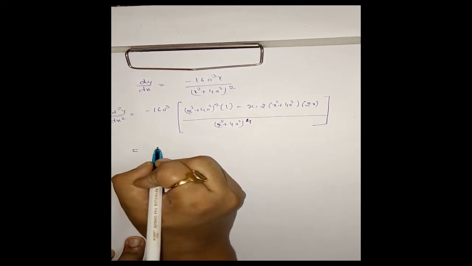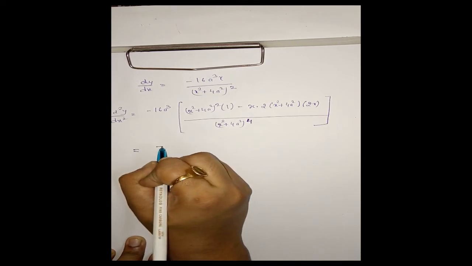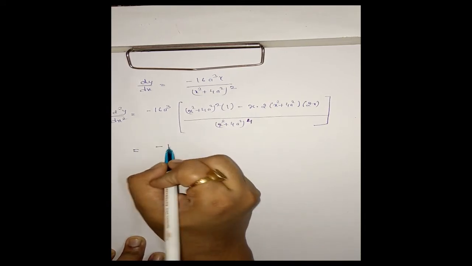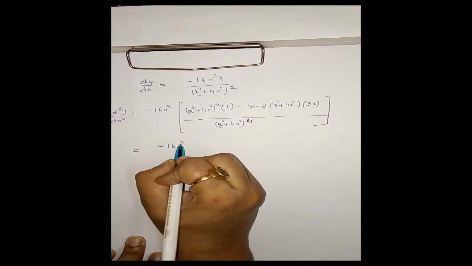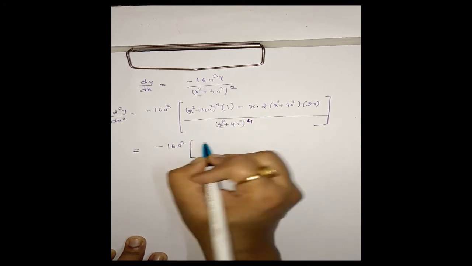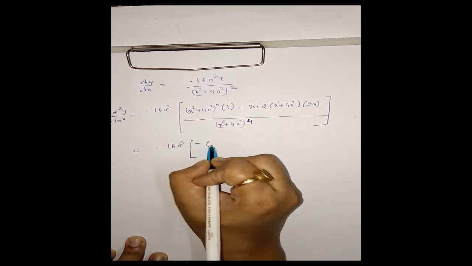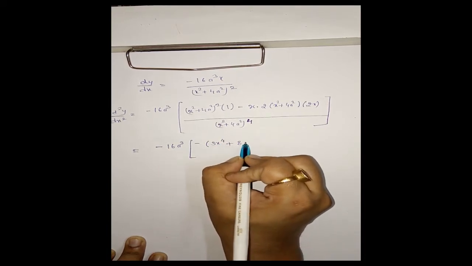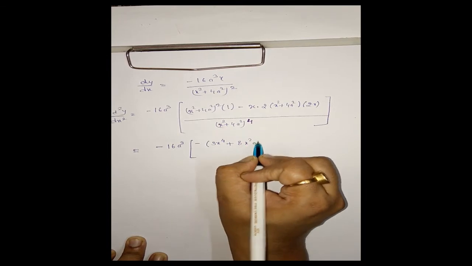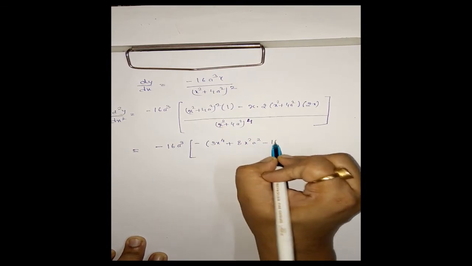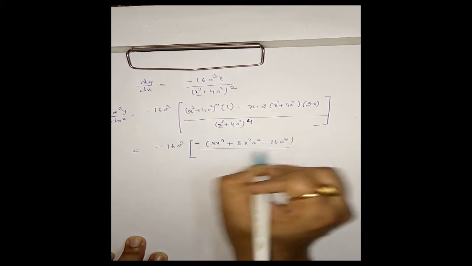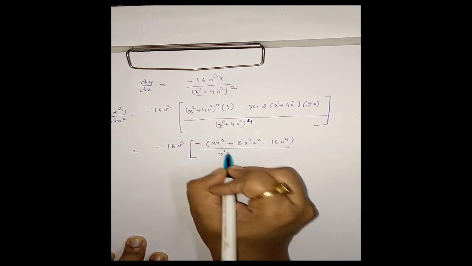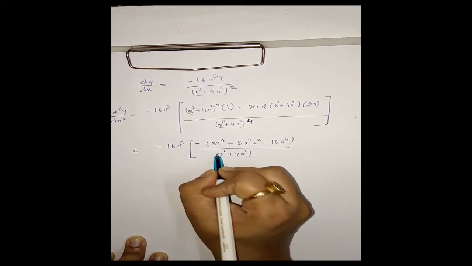I get this as minus 16a cube into minus of (3x4 plus 8x square a square minus 16a4) divided by (x square plus 4a square) power 4.